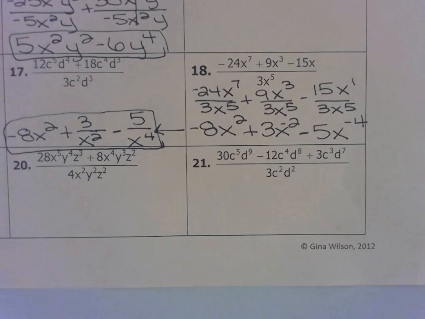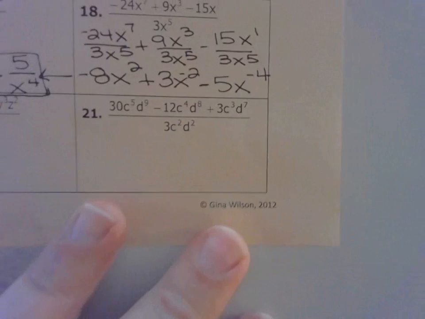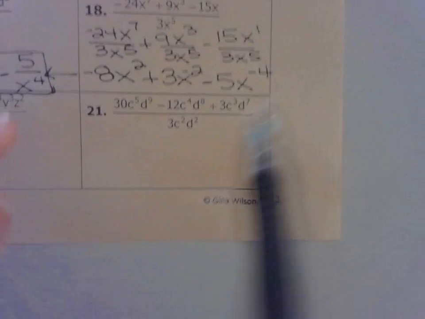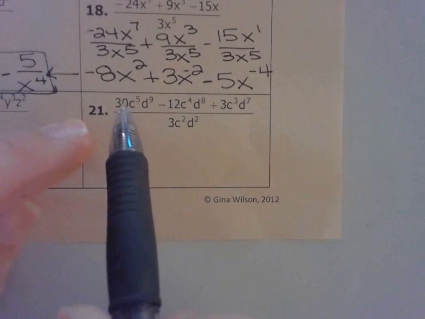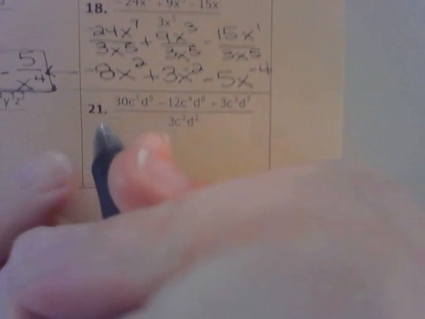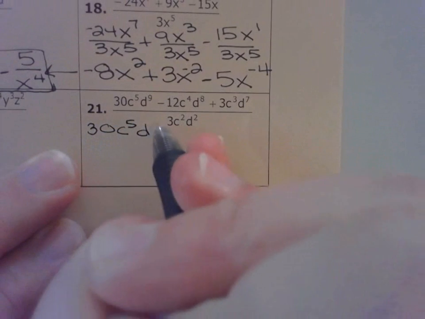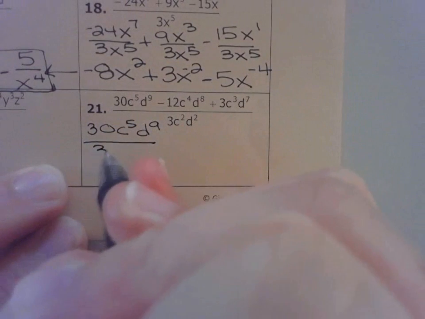Okay, let's look at 21, and then we'll be done. Okay, 21. Listen up. We have 3 terms on top. So we're going to take each term on top, and we're going to divide it by the denominator.